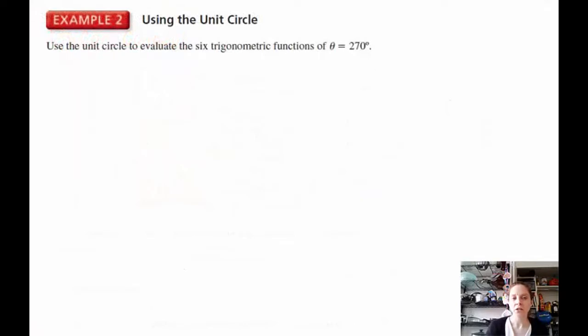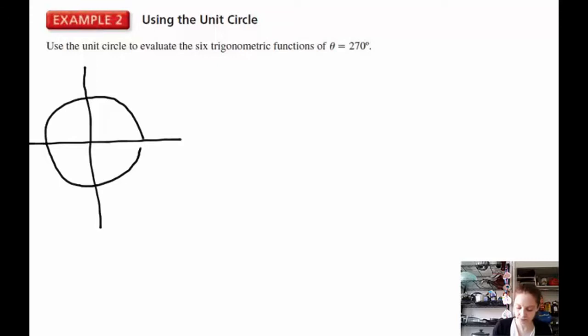Example 2. Use the unit circle to evaluate the 6 trigonometric functions of theta equals 270 degrees. Let me draw a unit circle and label my degrees. That's 0, 90, 180, 270 degrees. And so 270 degrees is my terminal side, like this.